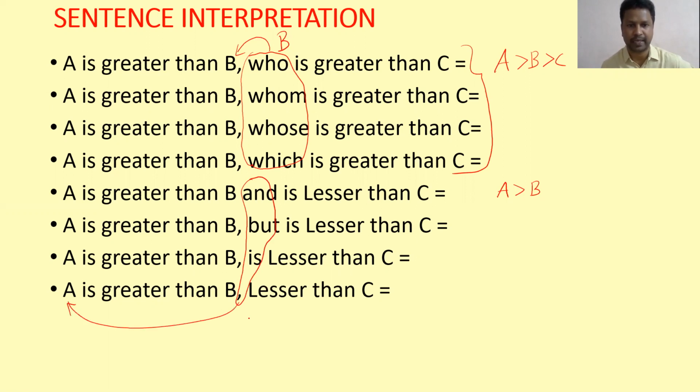So in this place I can replace it with A. So I can say A is less than C, correct? So I can get this kind of arrangement. You got it? Who, whose, whom, which represent the nearest element, that is B, and "but" is a comma, it represents the first element. This is not only for comparison, it is for entire reasoning and for reading comprehension also. You'll be following the same pattern.